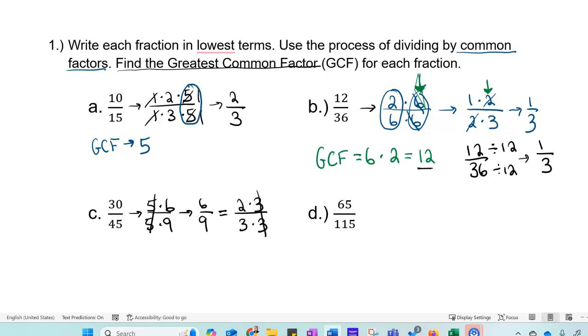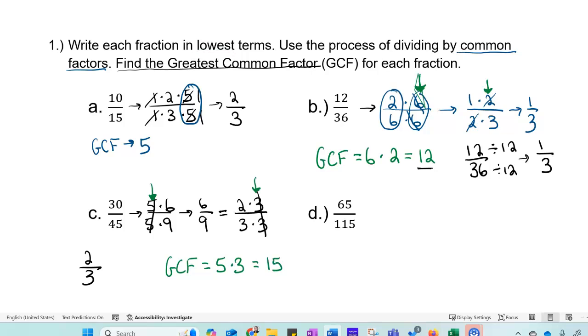Those go away, and I'm left with 2/3. Okay, so that's my fully reduced fraction. Now my GCF, right? Well, 5 canceled and 3 canceled. So my GCF is 5 times 3, which is 15.